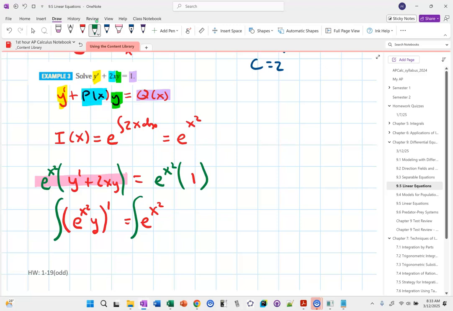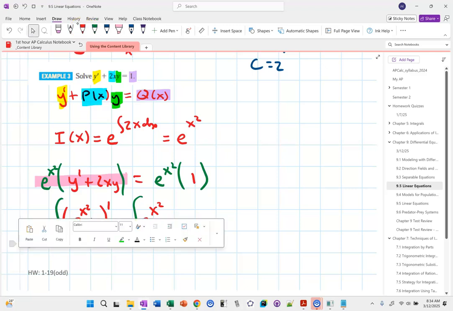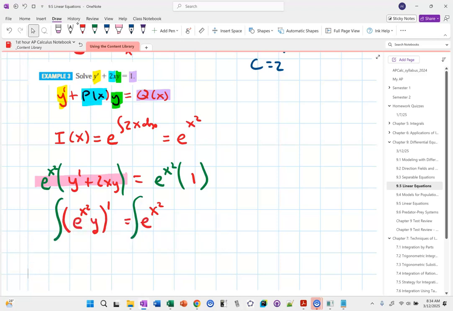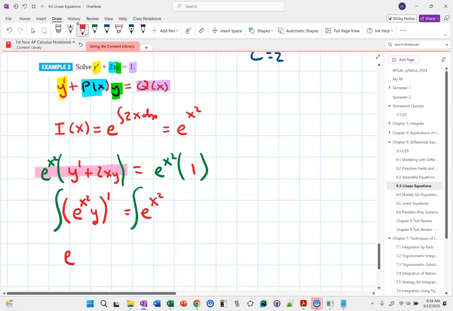Integrate both sides. The integral cancels the derivative. How do I do the integral of e to the x squared? Well, what u would I use?